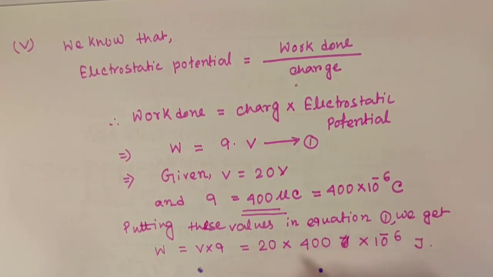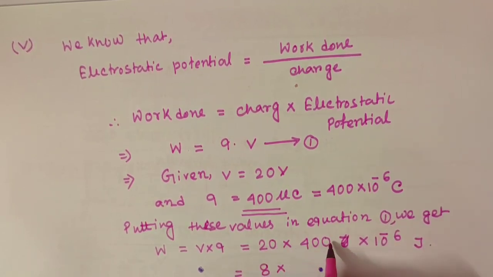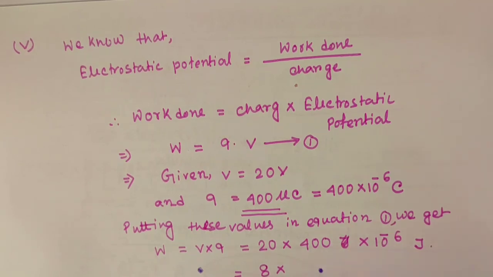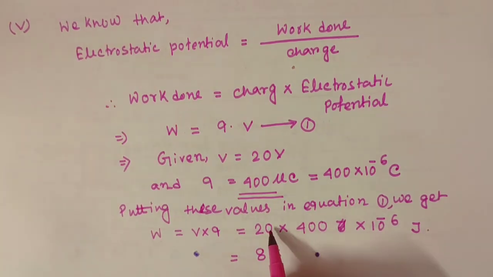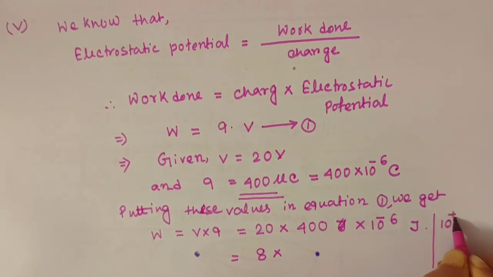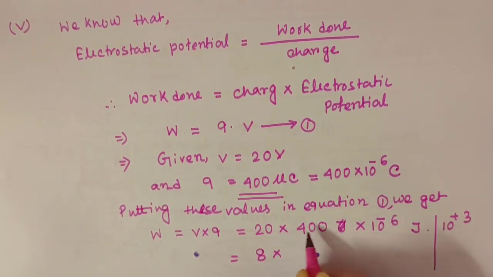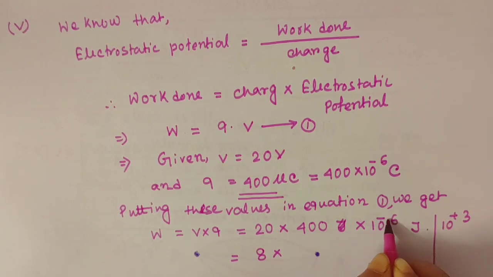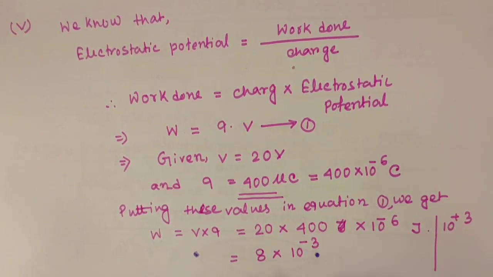If we calculate this, 4 twos are 8, then 1, 2, 3, so here 10 to the power plus 3 and there 10 to the power minus 6, so we get 10 to the power minus 3.